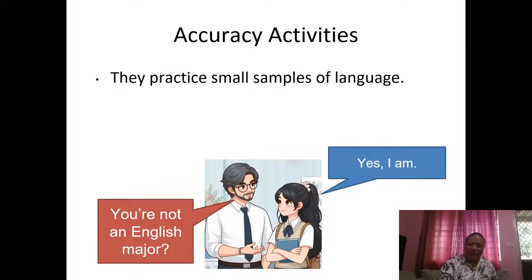So class, if you disagree with a negative sentence, you have to say yes. Okay? If you disagree with a negative sentence, you have to say yes. That's in English. If you agree with a negative sentence, you have to say no. We'll discuss that when we go to structure of English next term, God willing.